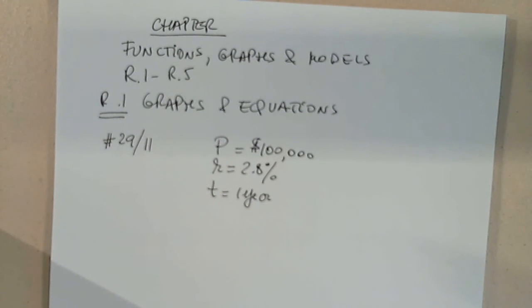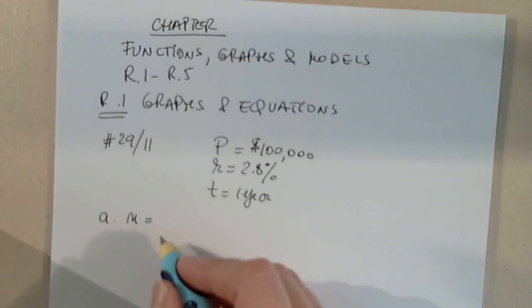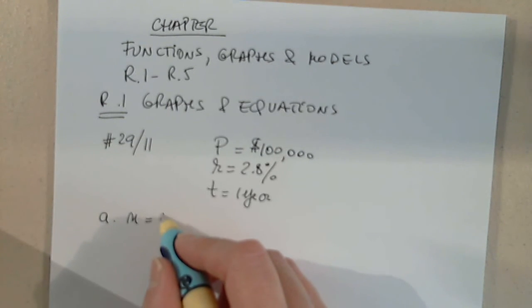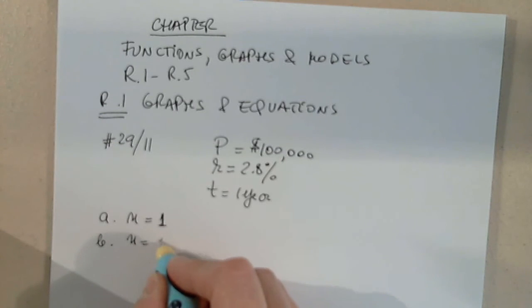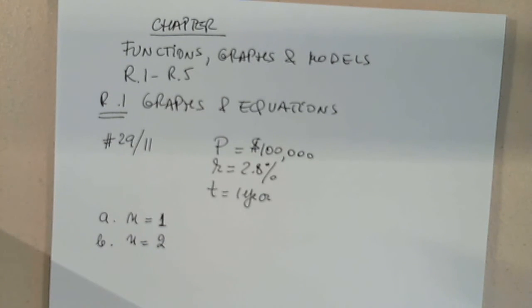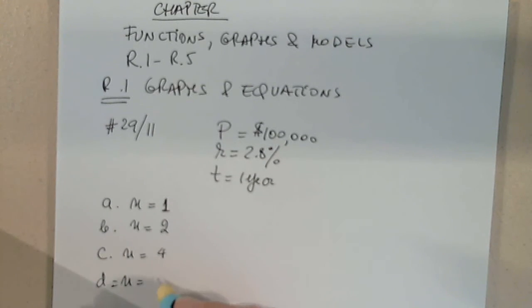And if the interest is compounded, part A, n, annually, which means once per year. Part B, semi-annually, which means twice a year. Part C, quarterly. There are 4 quarters in a year. Part D, daily, where n is 365 days.